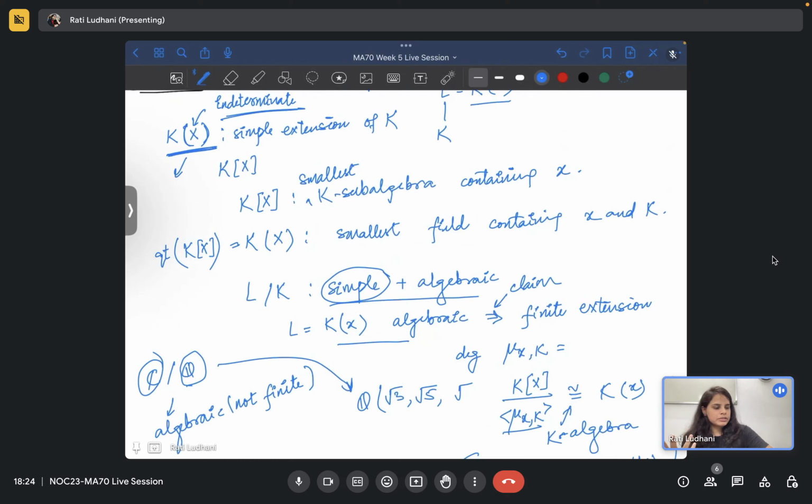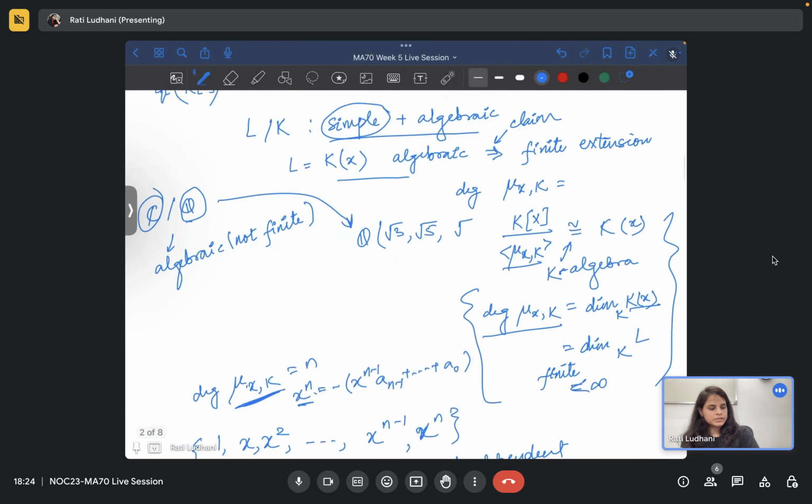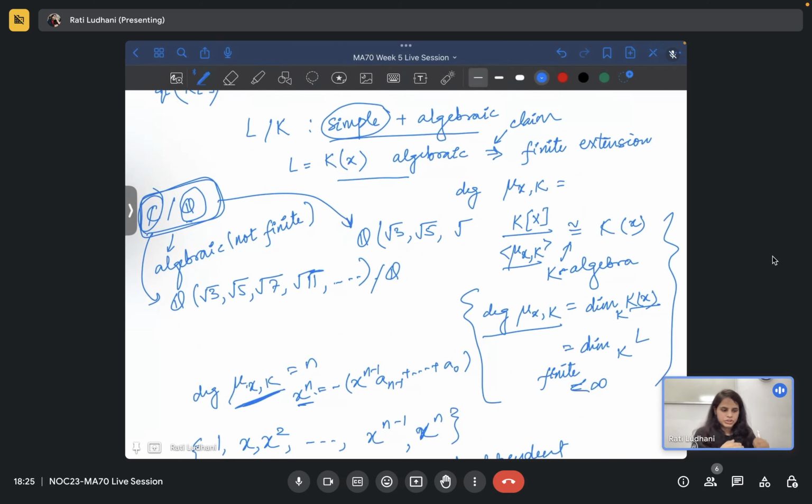Second, if it is algebraic, then again we can take the example C over Q. And there is one more example, which I was writing earlier. You just take all the primes, which you know are infinite. So over Q, that is also of infinite dimension, because you are not limiting it. Even the second example will also prove that this is an infinite extension.